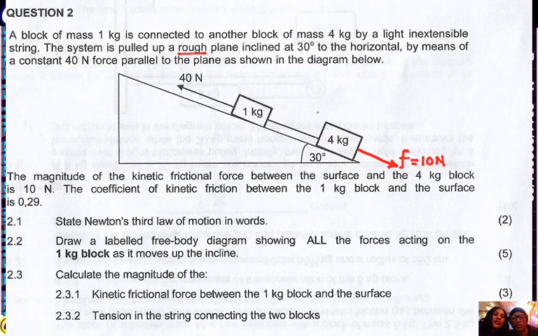So now, if you focus on each block, one of the things that we are going to do, we are going to show that on the 4 kg, there will be a downward force, vertically downward, which is the force of gravity, which is going to be equal to 4 multiplied by 9.8. We're going to take care of that one.